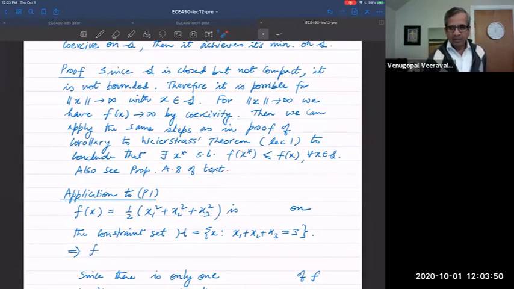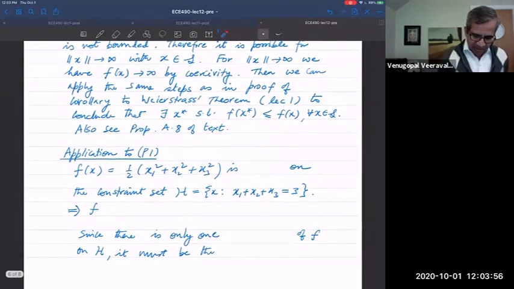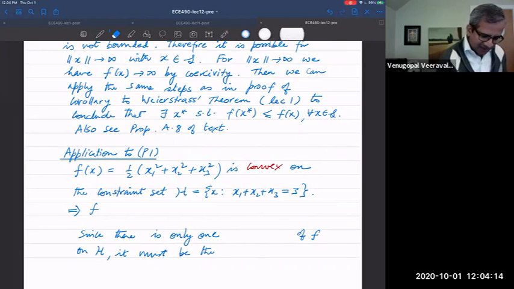If we didn't want to use the results from lecture 10, we could use this instead. Because basically this function is, sorry, not convex, it's coercive. F is coercive. Why is it coercive, by the way?